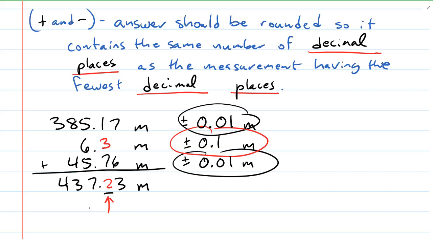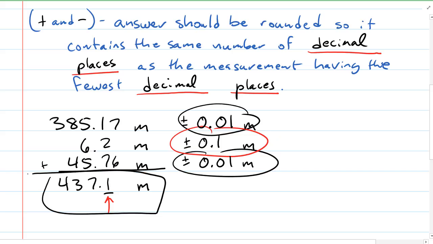And so that's why the rules here for addition and subtraction are different than they are for multiplication and division. So let me just go back here and make sure that I put the right thing in. And again, if we were to record this answer, we would correctly record it as 437.1.